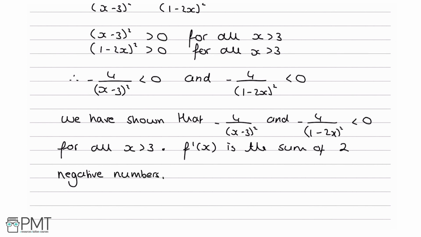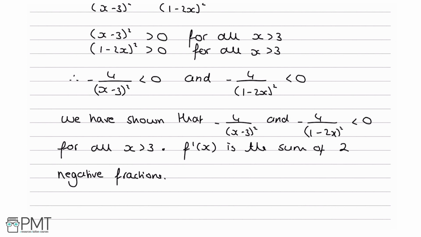Probably numbers isn't the right word actually. Two negative fractions, because these can be algebraic and so on. So it's the sum of two negative fractions. What this is saying is that we take one negative and add it to another negative, and the result will always be even more negative. You can't take one negative, add a negative, and get a positive.